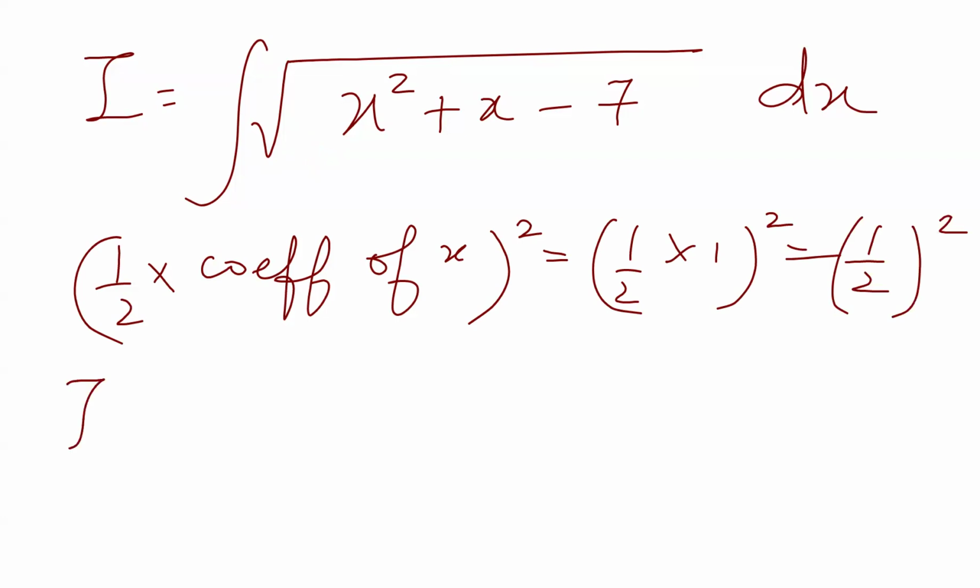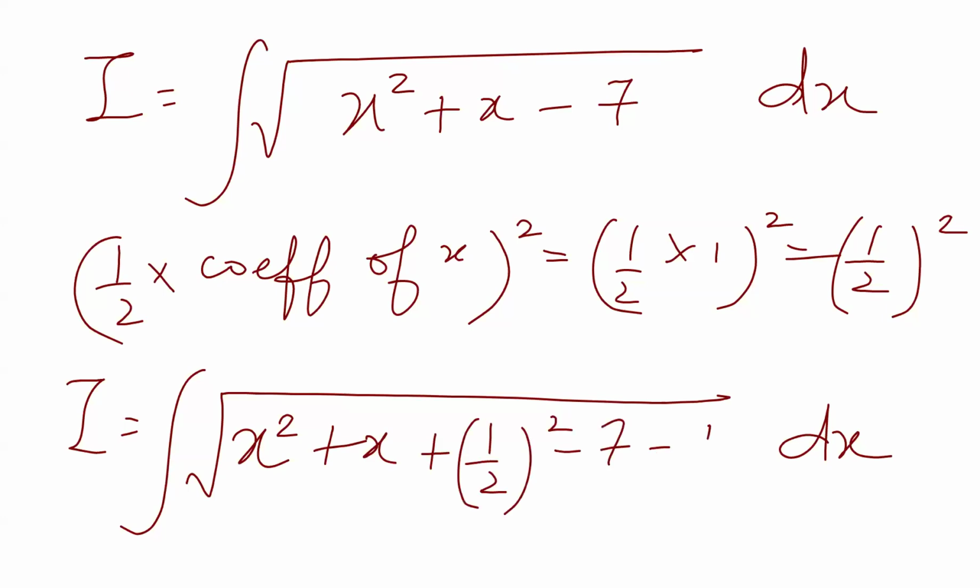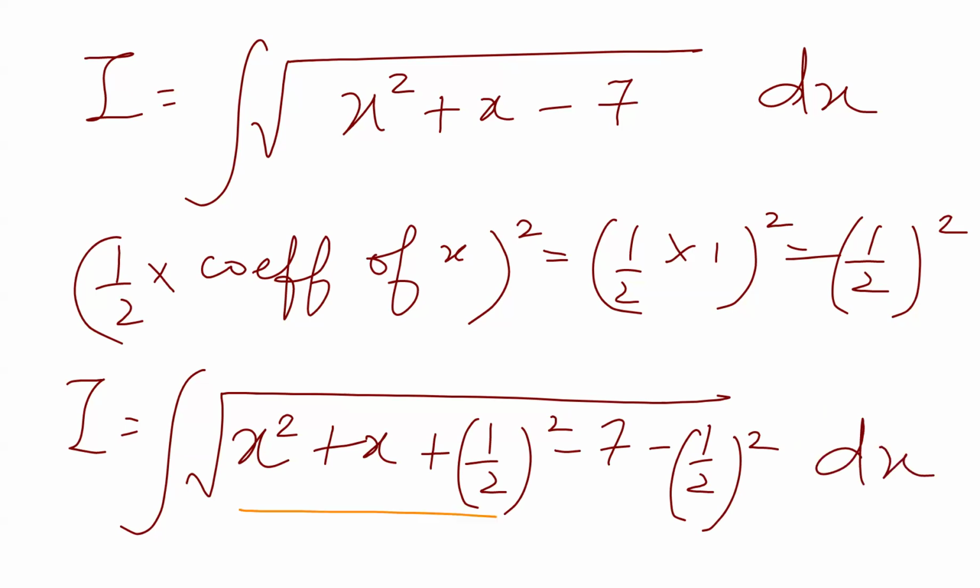So integration of root of x square plus x plus half square minus 7 minus half square. First three terms and the last two terms.